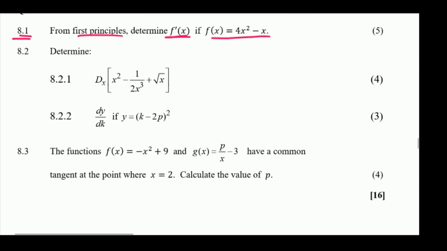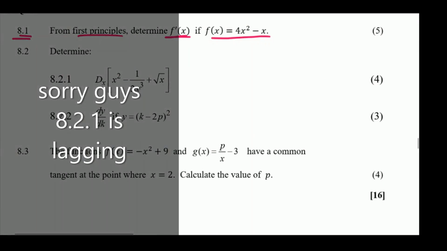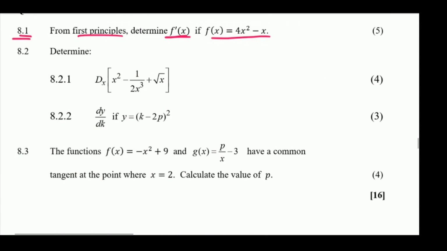So now we're going to do 8.2, where we are asked to determine in 8.2.1 the derivative of this expression here. So we have d of x into x squared minus 1 over 2x cubed plus the root of x, right?